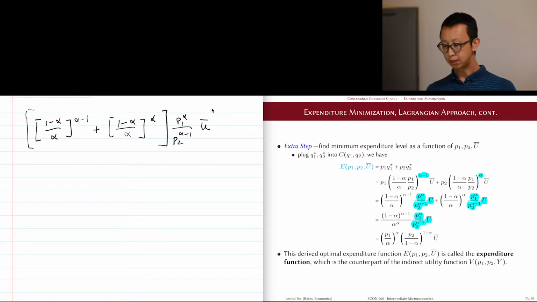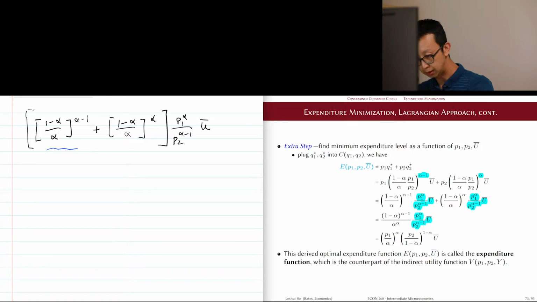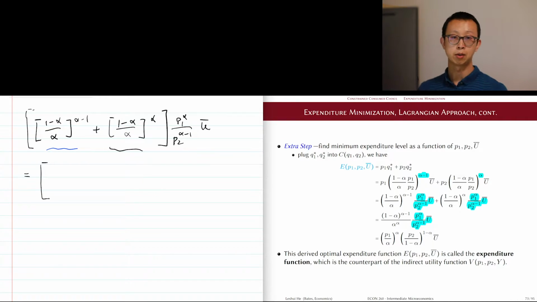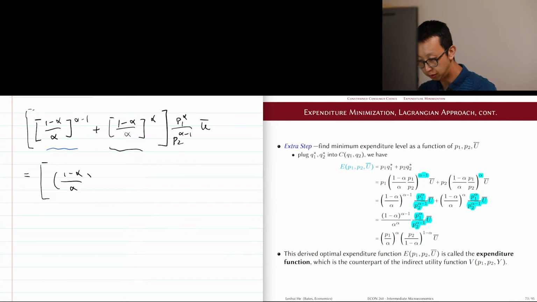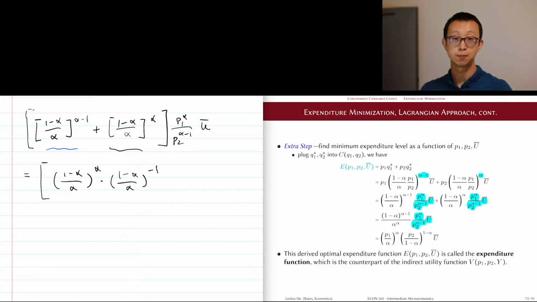Now, once I have this expression, I realized that I can also rewrite it slightly, hoping that it will look very much similar to the second term. To do that, I can open up the powers in the first term, and it will look like ((1 minus alpha) over alpha) to the power of alpha times ((1 minus alpha) over alpha) to the power of minus 1.